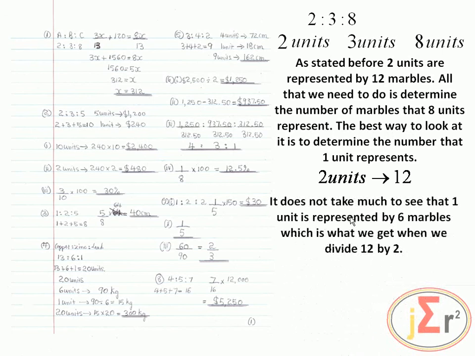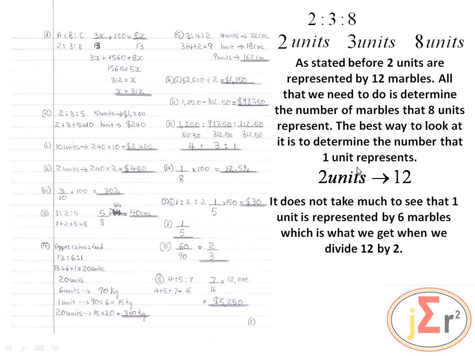So how do we determine the number of marbles represented by 1 unit? It does not take much to see that 1 unit is represented by 6 marbles, which is what we get when we divide 12 by 2.